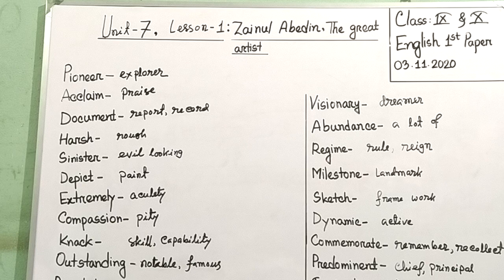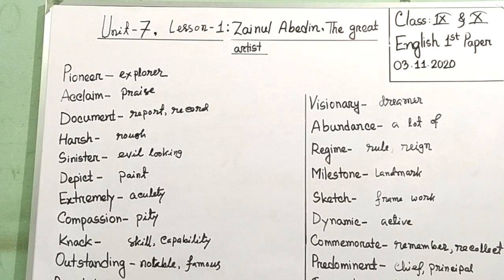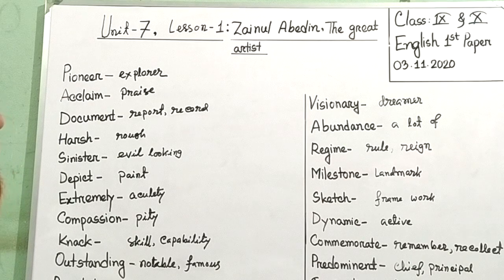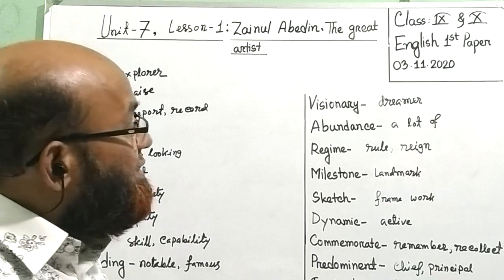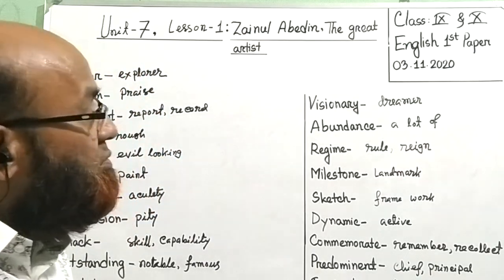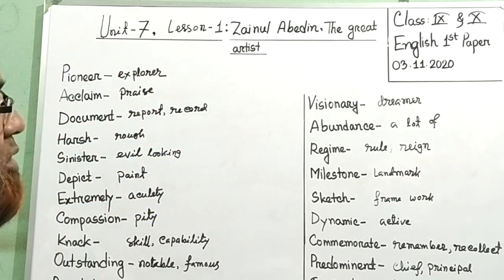Outstanding means notable, famous or uncommon. Reputation means status or name. Visionary means dreamer. Abundance means a lot of or in plenty of.